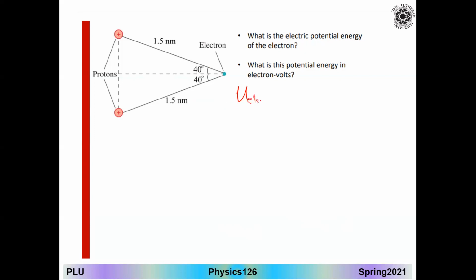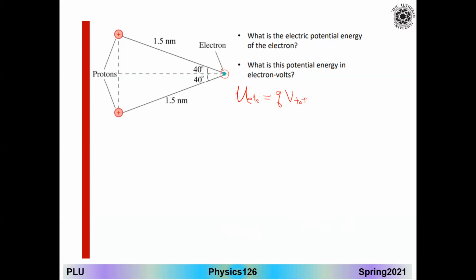Here is the electric potential energy, which is basically just the charge Q times V. Let's call it the total. For the electron here, I need to find how much electric potential first.